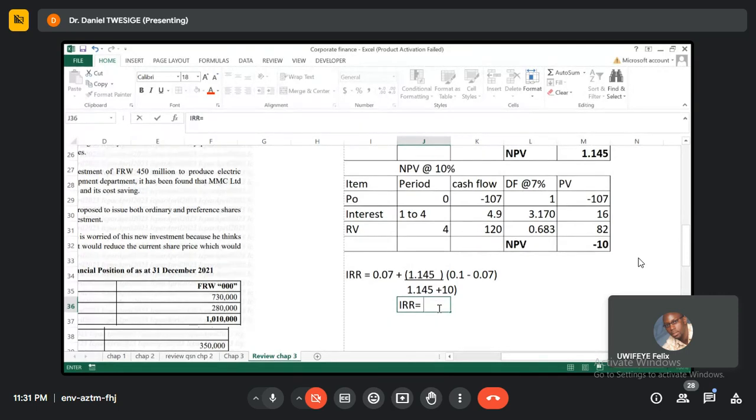Do you put the numerator in a bracket? Just to simplify, but it has no issue.